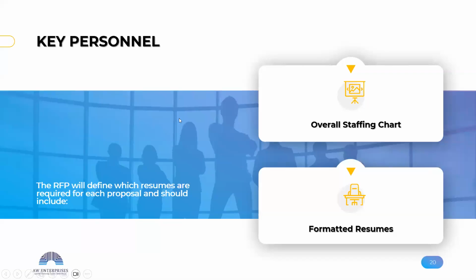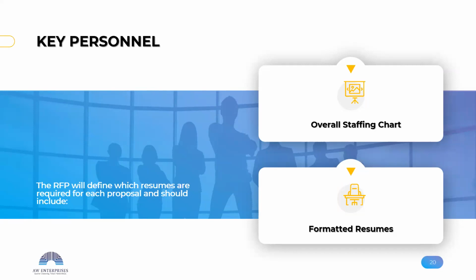We talked about key personnel, and again, those are the labor categories that the government deems mandatory for resume submission in your proposal responses. These are the people that work hard to help make your project a success.